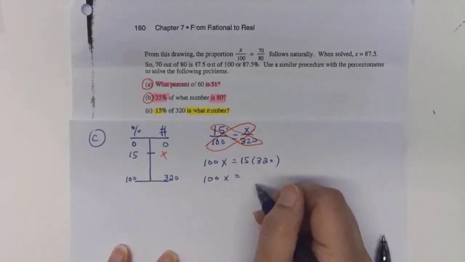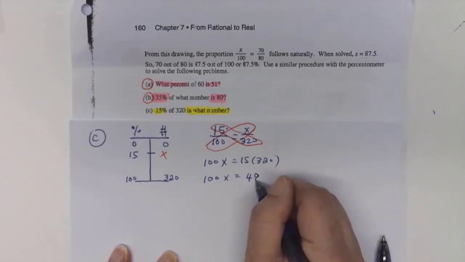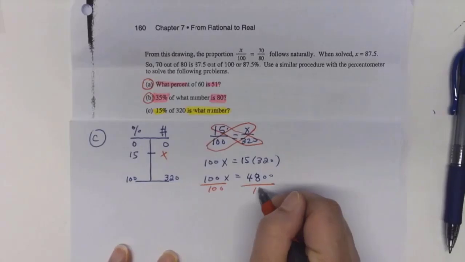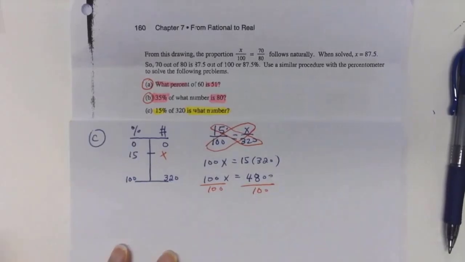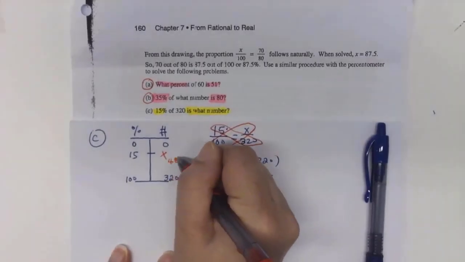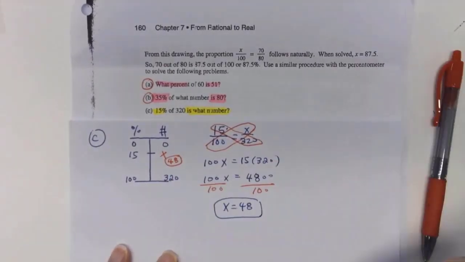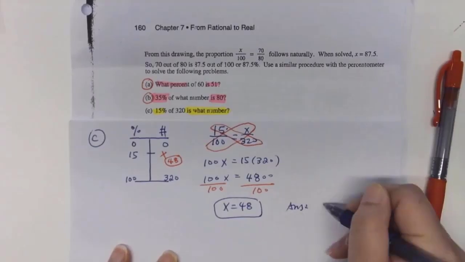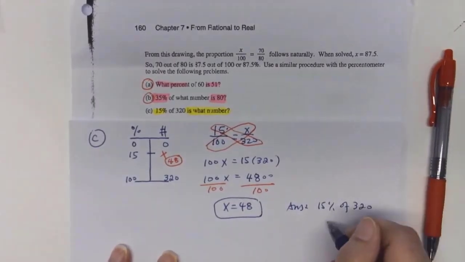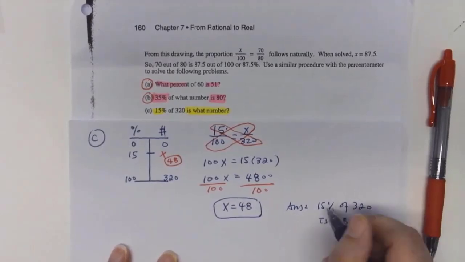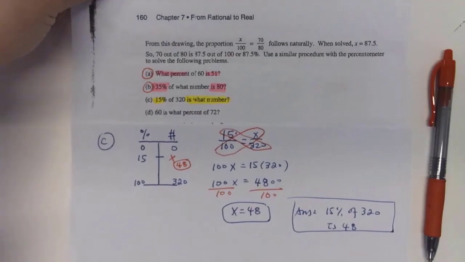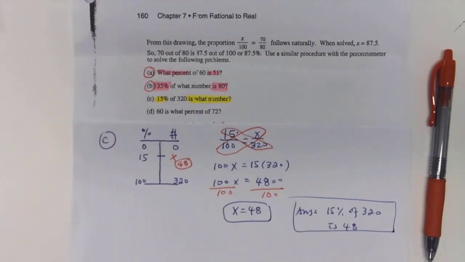So 15 times 320 is 4,800 divided by 100. 48 is x. This is 48 here. I can say that 15% of 320 is 48, right? Question for this. Okay, I want you to go ahead and set up D for me. See if you can set up the percentometer.